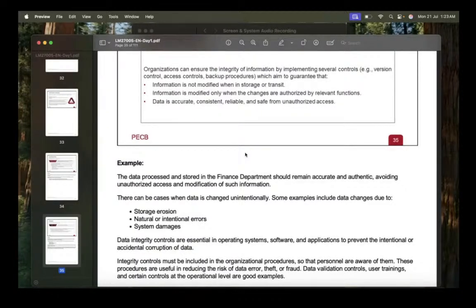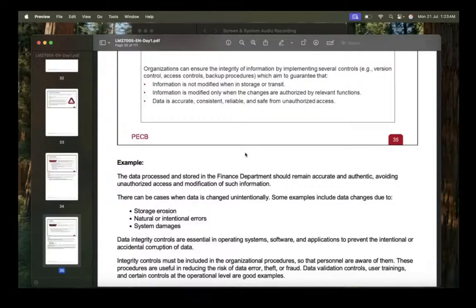I hope you understand how much risk is involved when it is about data in the finance department. If there is any modification in the information available, then it can make a huge difference. And there are so many risks and threats to that particular data if it gets modified.